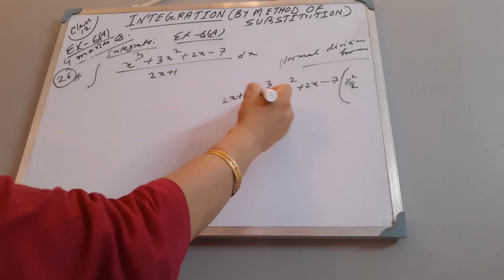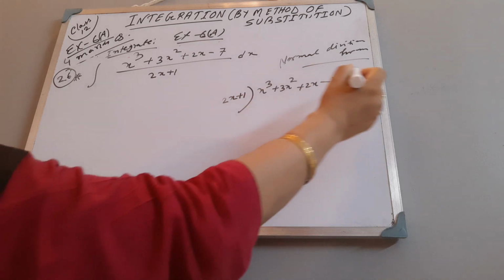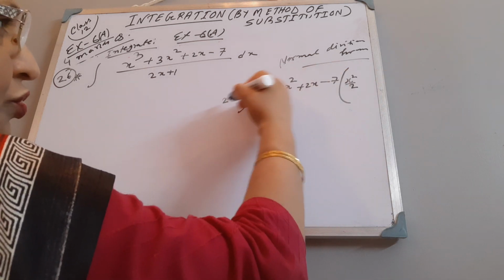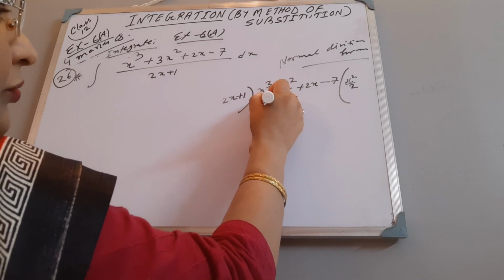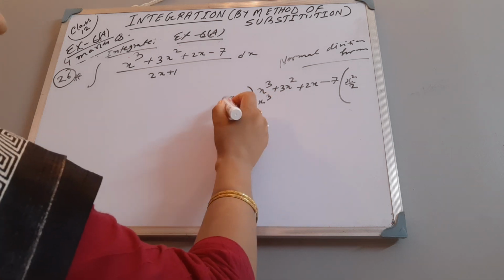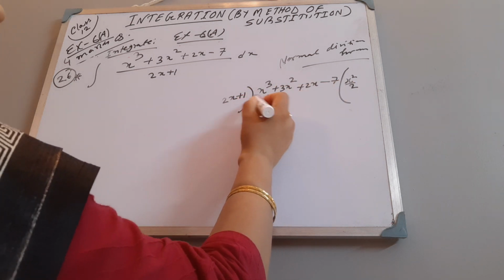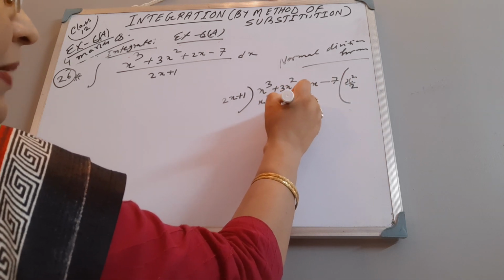To get x cube, this into this is coming x cube, then 1 into x square by 2 is coming the same, x square by 2.